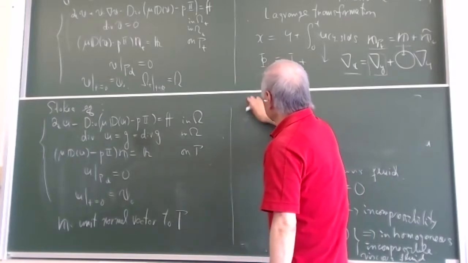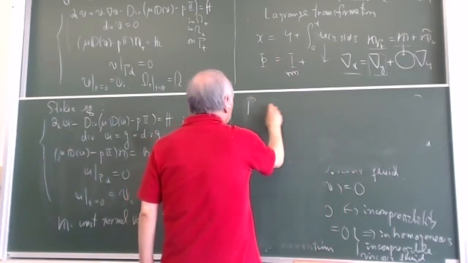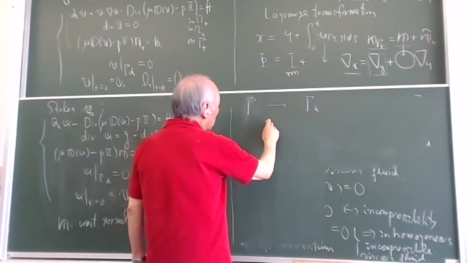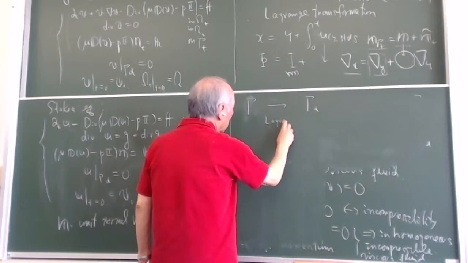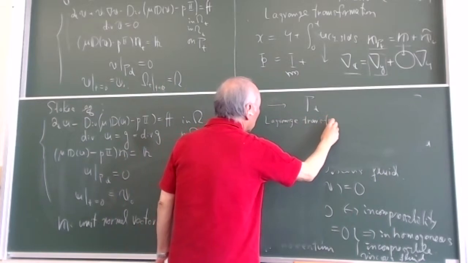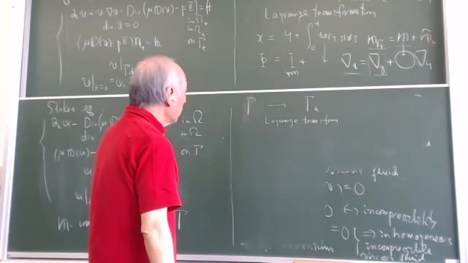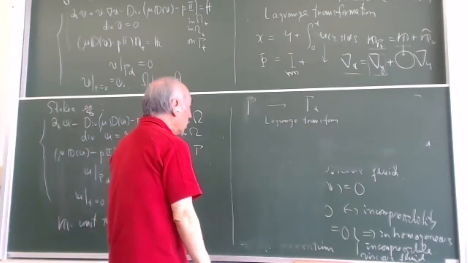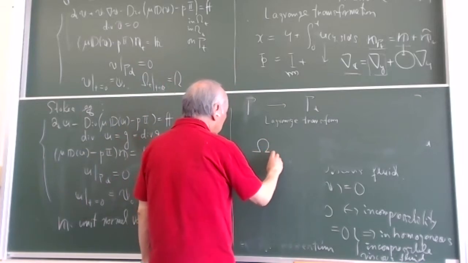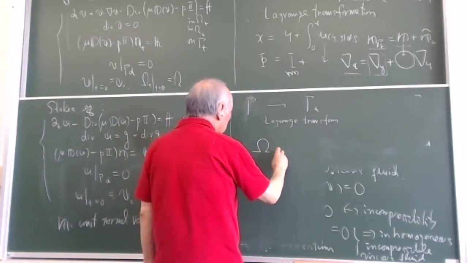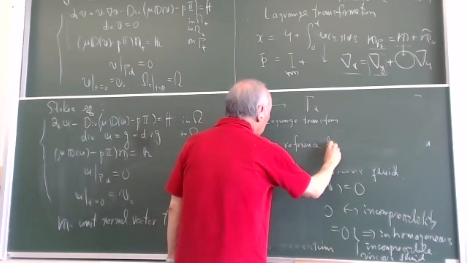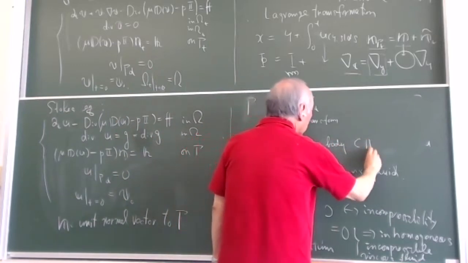Okay, so sorry, gamma t is obtained from gamma by the Lagrangian map. Namely, here Omega is a reference body, sorry, reference domain.